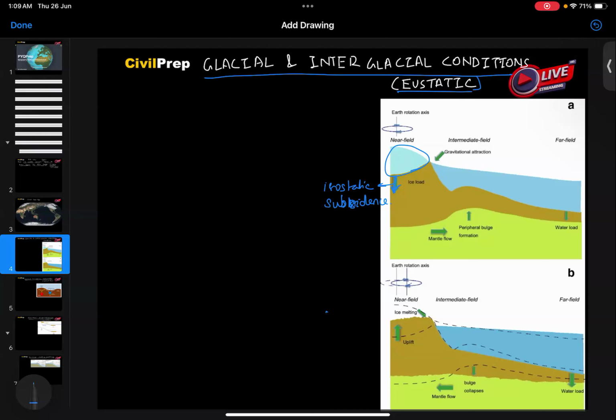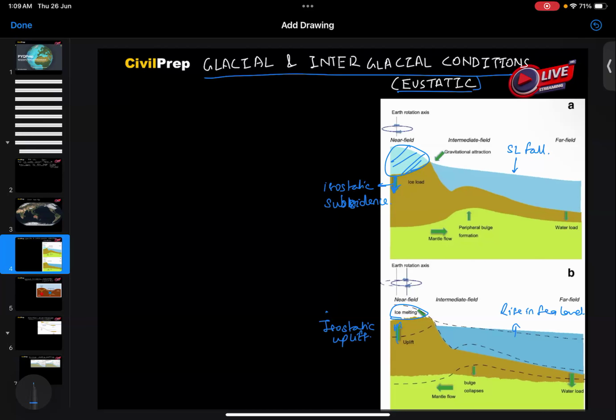But in the same diagram, we can see that now the ice has completely melted. During the formation of ice, the sea level fall has taken place. But when the ice has melted, there is isostatic uplift. Along with this, there is a rise in sea level.